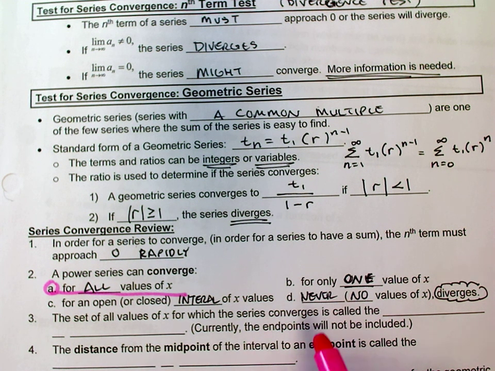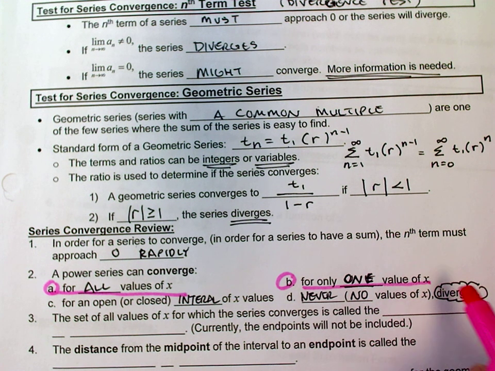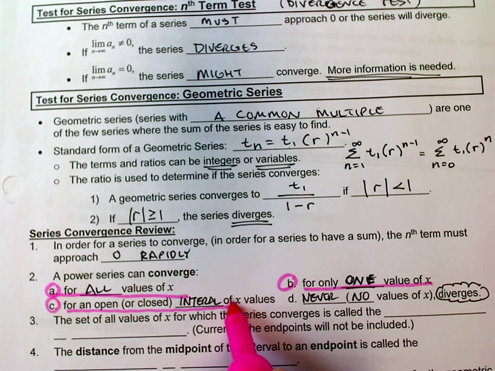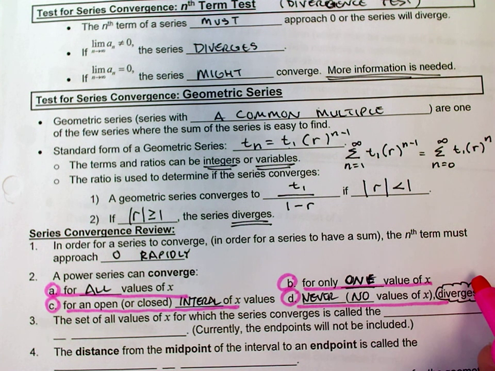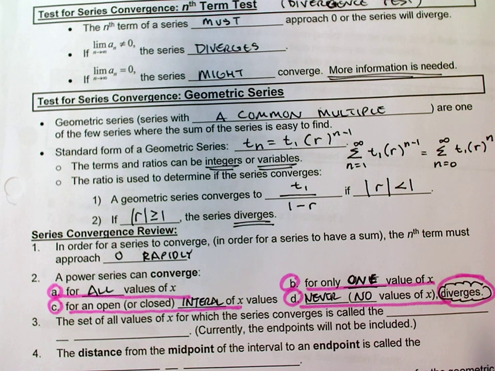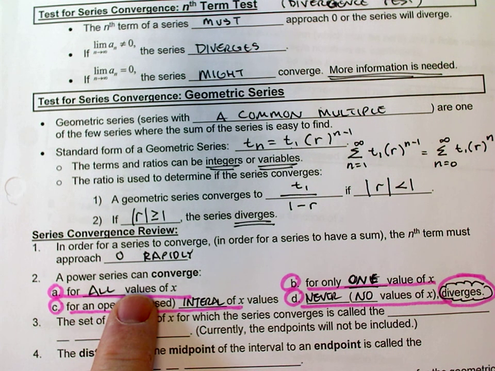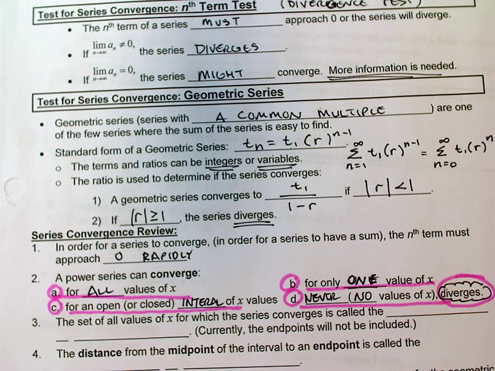I could find out that it does converge, but only when x equals one single value, or only when x is between a range of values. Or I'll find out, nope, it doesn't converge, it diverges. It's going to be one of these four, no matter what. For all values of x, a single value, a range of values, or no values.